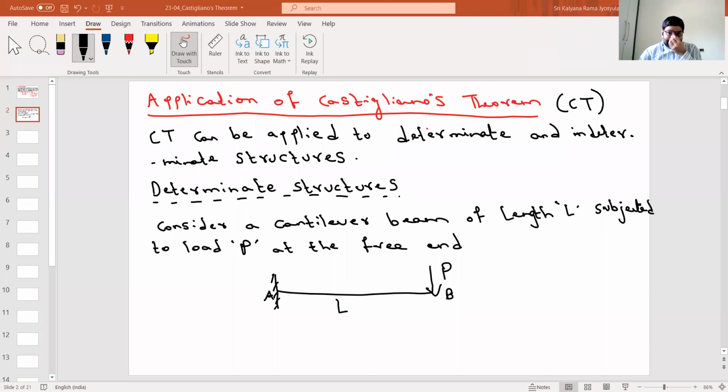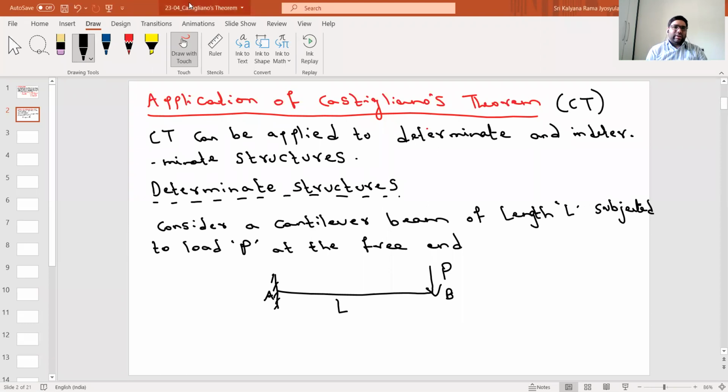Now, for a cantilever beam with a point load at the free end, you already know how to calculate the deflection using the moment area method, conjugate beam method, Macaulay's method, and direct integration method. But now let us see how to calculate it using Castigliano's theorem, that is, the concept of strain energy comes into the picture.